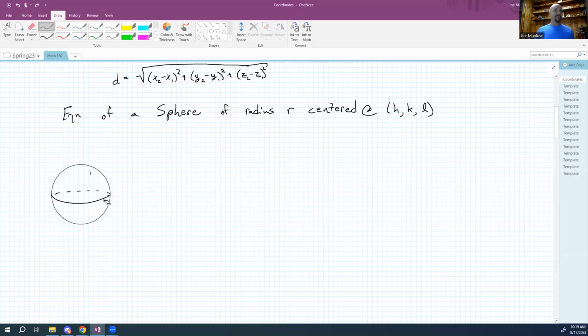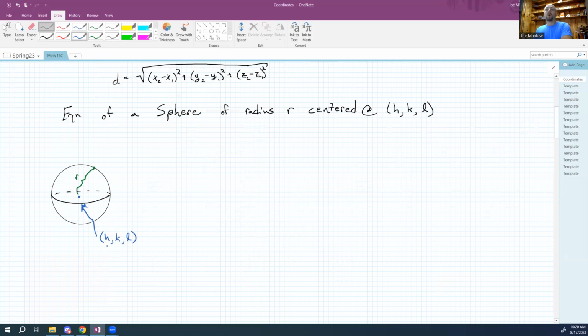Okay, so I've got the center of my sphere. Center of sphere is here. And point on the boundary is up here. And the thing that I know about spheres is that the distance here has to be r, right? And this point in the middle is h comma k comma l.